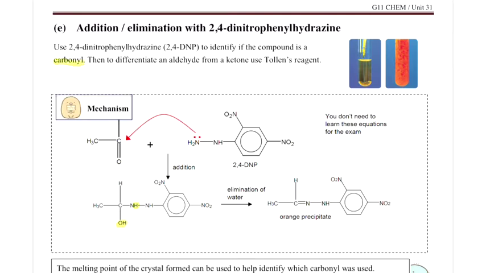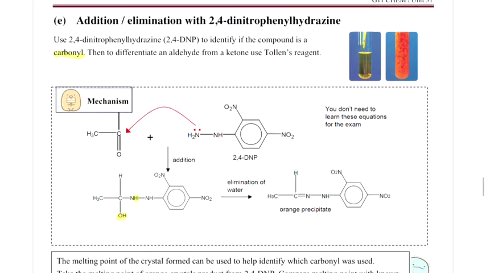After we have proved that the carbonyl is present in the sample, then we can further differentiate whether it's an aldehyde or a ketone using either Tollens reagent or other methods we have mentioned before.